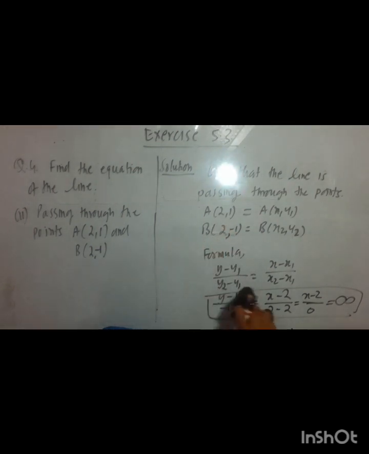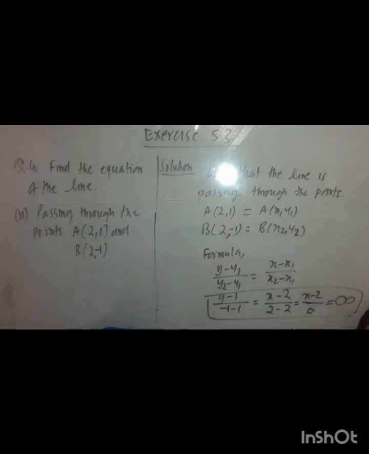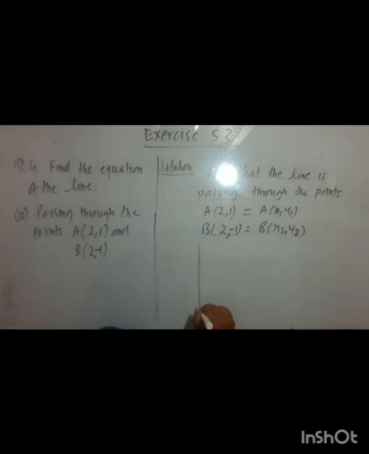So you have to apply one logic. See, now you have been given two points, 2 comma 1 and 2 comma minus 1. So why don't you draw a coordinate system? We'll solve this problem by a coordinate system. See here, coordinate system x and y.